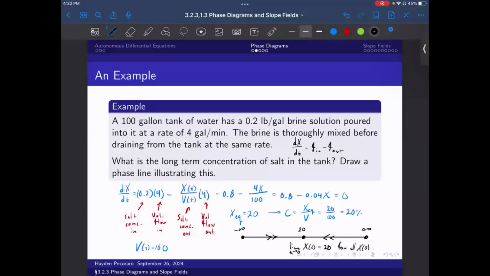So remember, this is a little while ago, but the flow in is always the concentration in times the flow in. So this is the flow of x in, so this is the volumetric flow in.